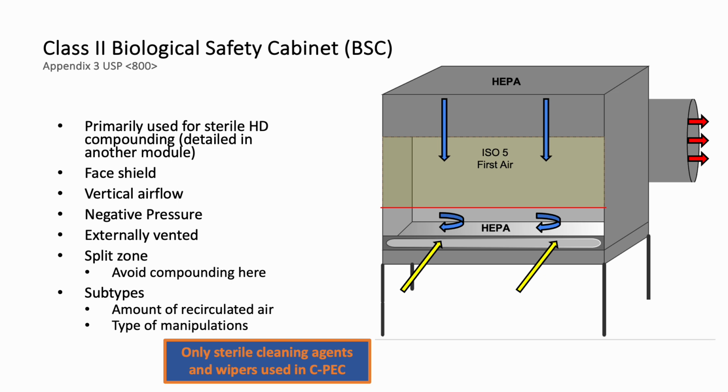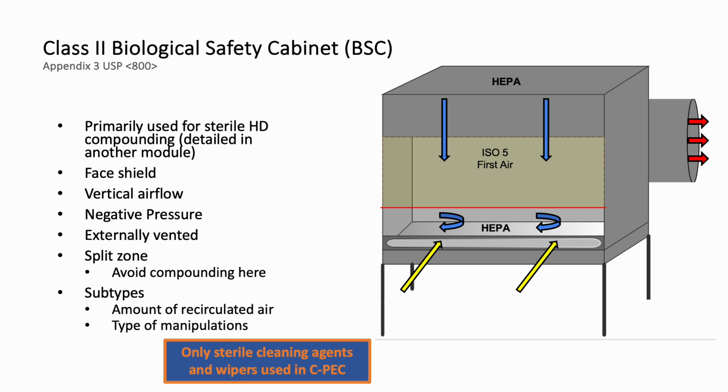It is vertical airflow where the HEPA filters are forcing air downward to the work surface. Also, there's negative pressured air drawing into the cabinet and filtered, as well as air being circulated in the cabinet in order not to escape. And these will be externally vented to some extent. And there are different subtypes, and again, we'll look at this later.